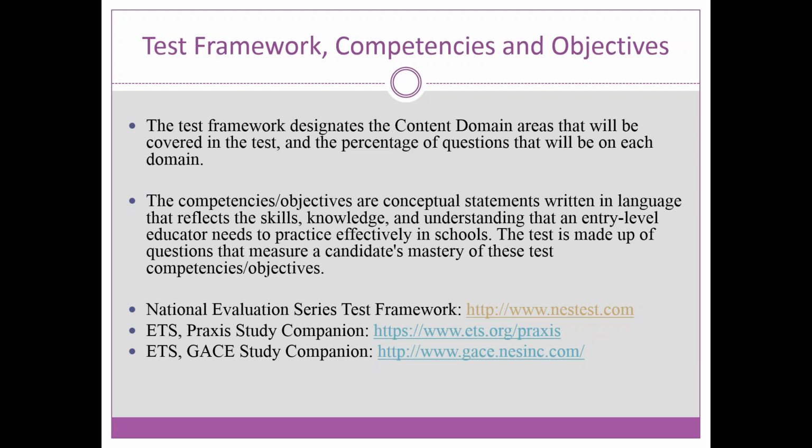So for example, if your content exam is covering English language arts and social studies, you'll want to know which percentage of questions will cover which part of the exam. So if our primary portion of the test is on English language arts, you'll want to spend more time studying that domain area than you will the social studies components.